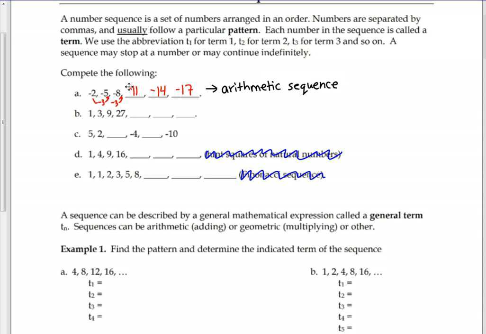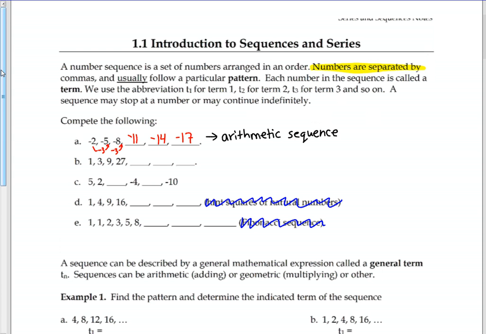If you read the sentence at the very top, it says a sequence is numbers that are separated by commas, and they usually follow a particular pattern. So we know something is a sequence if it's separated by commas. All of these here are sequences because each term is separated by a comma.